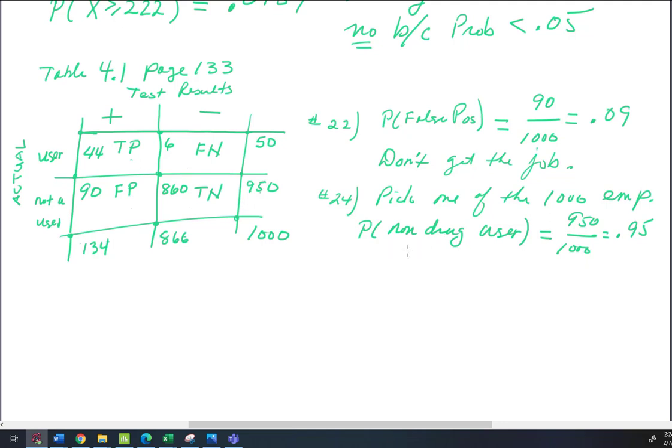Now, a contrasting question might be, if I just look at a person picked at random, what's the probability that this person is going to get a negative test result?